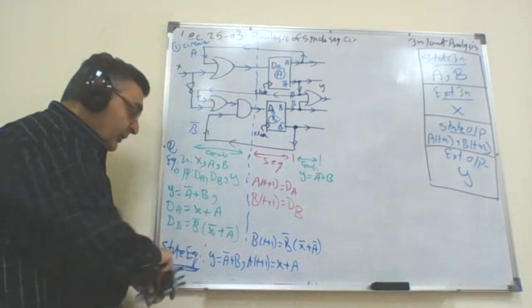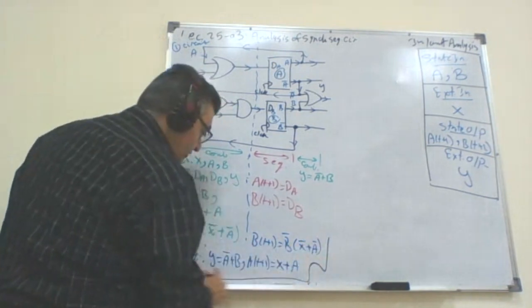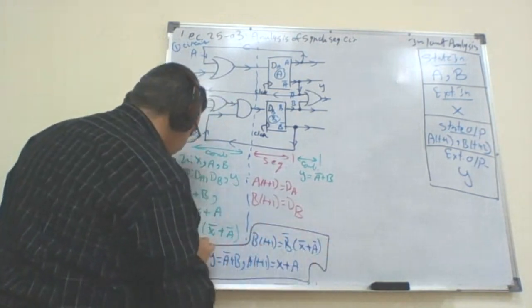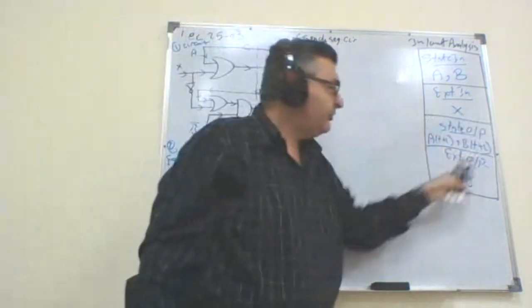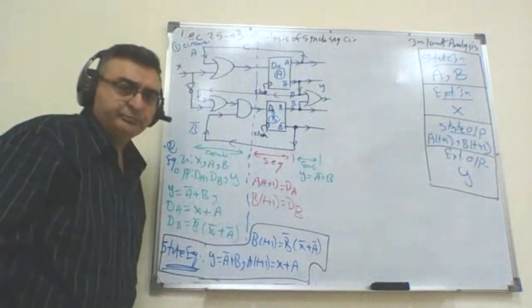So I am done with the state equations that we have just derived here. Those are the state equations. Three state equations for the three outputs of my circuit.